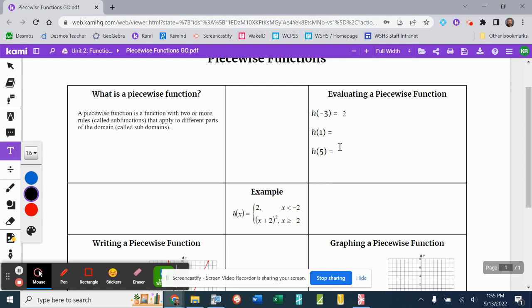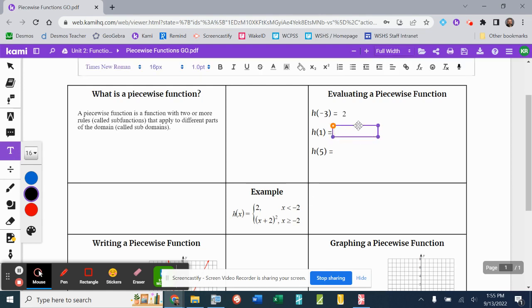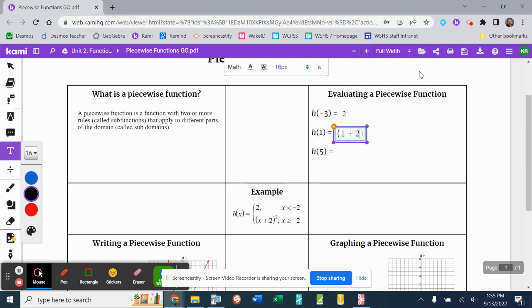I plug 1 into this rule: instead of x, I'm using (1 + 2) squared. 1 plus 2 becomes 3 squared, and 3 squared is 9. So h of 1 would be equal to 9.